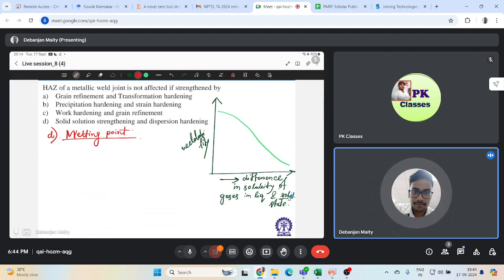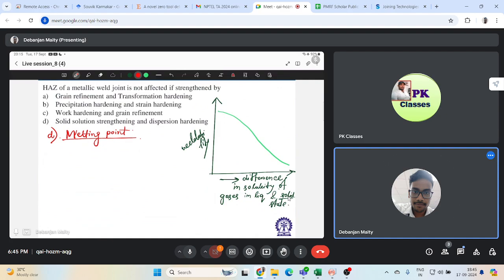How can you determine your melting temperature, or what process parameters will give you some idea that this is a high melting temperature metal?